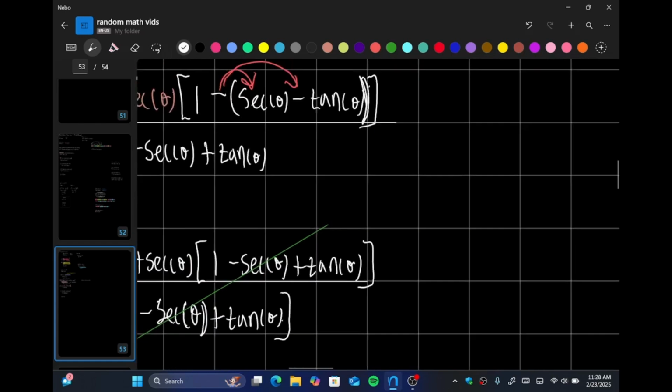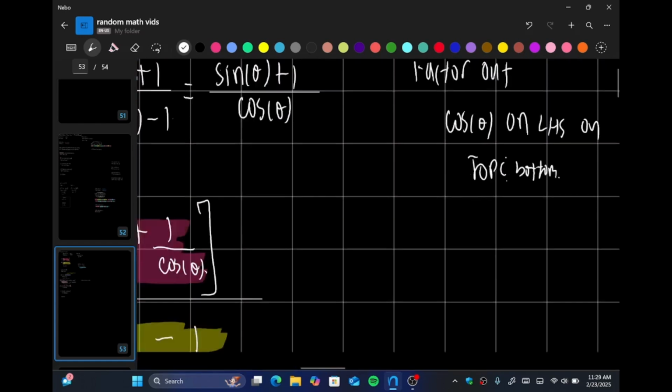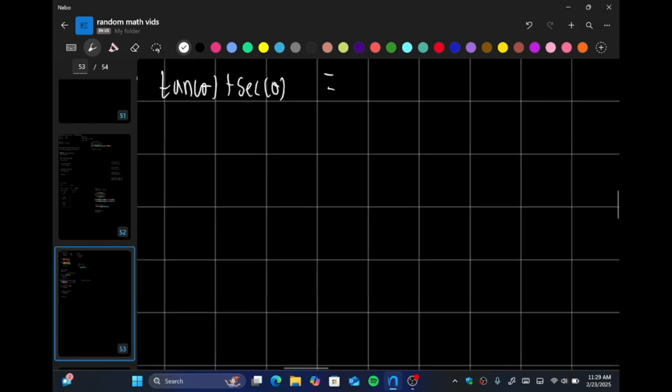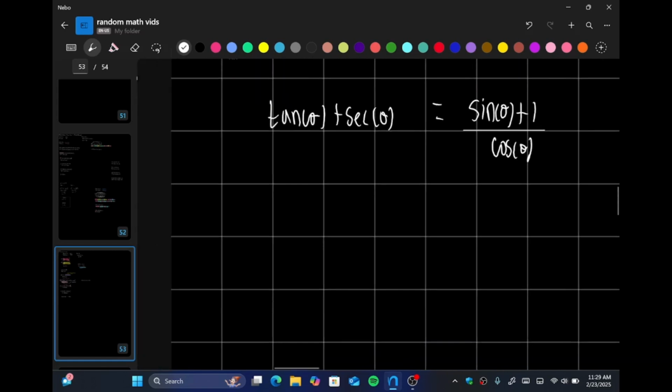And then again, on the very right side, we had that was equal to sine theta plus 1 all over cosine theta. And you can verify that because, again, you want to make the left-hand side equal the right-hand side. This is sine theta over cosine theta. So that's this part.